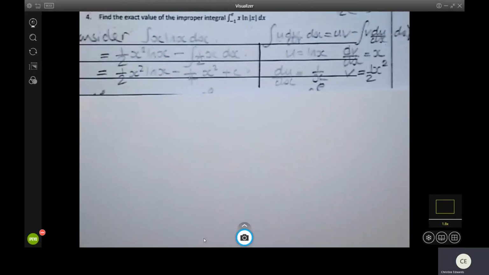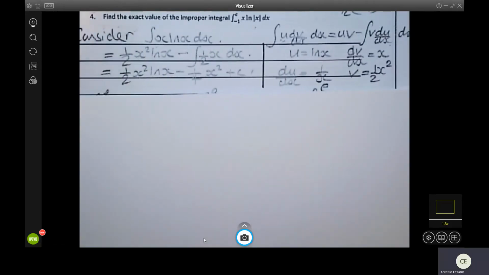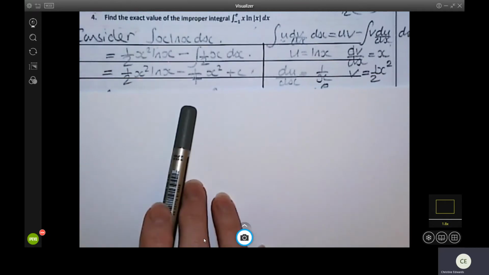So question 4, I'm being asked to integrate x log x between -1 and e. So we'll do the integration first. You will recall that it requires integration by parts, and because it's a log, we arrange for the u to be the natural log of x. I evaluate that, the working for which is here.